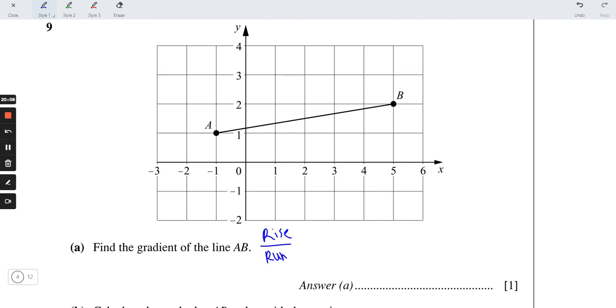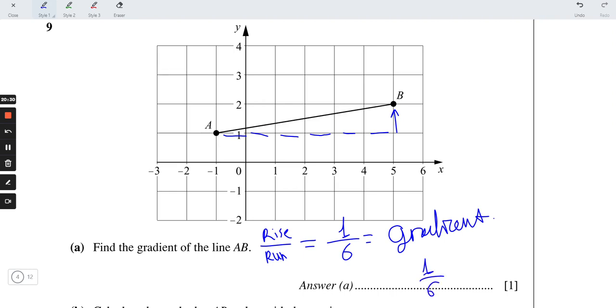So here we are running 1 step, 2 steps, 3, 4, 5, 6 steps. So the run is 6 steps, and going up, the rise is 1 step. So this is the gradient. The answer is 1 over 6.